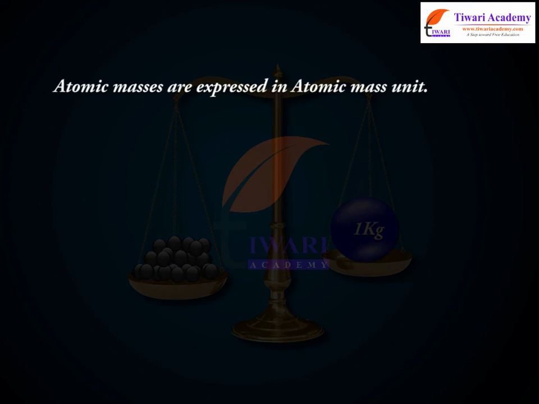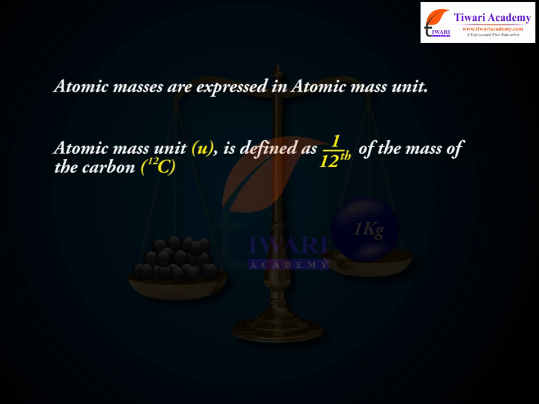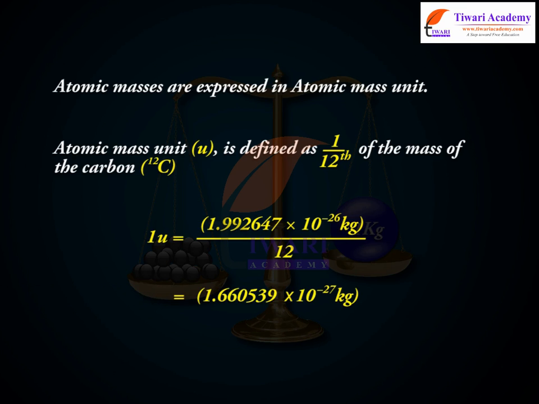Atomic masses are expressed in atomic mass unit. Atomic mass unit U is defined as 1/12 of the mass of the carbon, C12. 1 U is equal to 1.992647 × 10^-26 kg upon 12, which is equal to 1.660539 × 10^-27 kg.